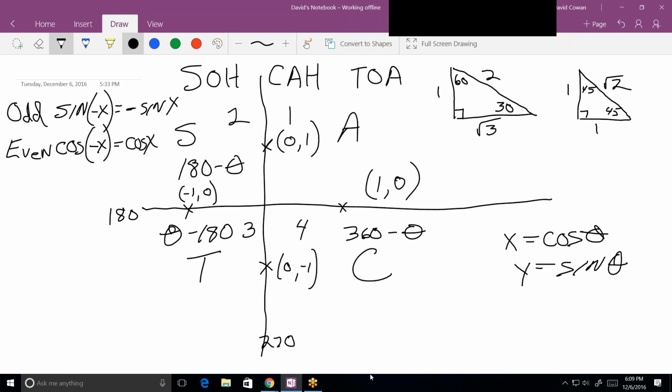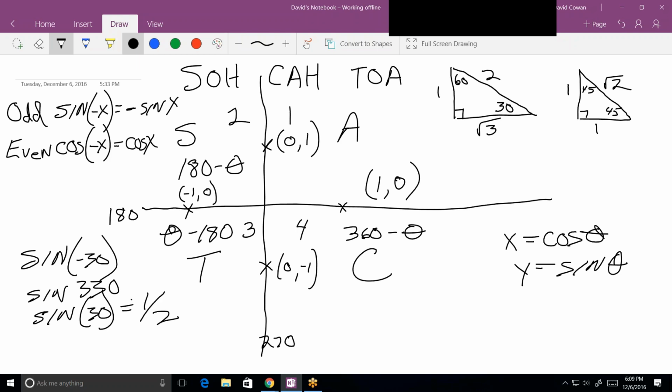Okay? Now let's go back to that problem where we had the sine of negative 30 degrees. Remember how we did it? I converted it to the sine of 330, and then that converts to the sine of 30, and then that's equal to 1/2, but then I have to put a negative on it because it's in the fourth quadrant.